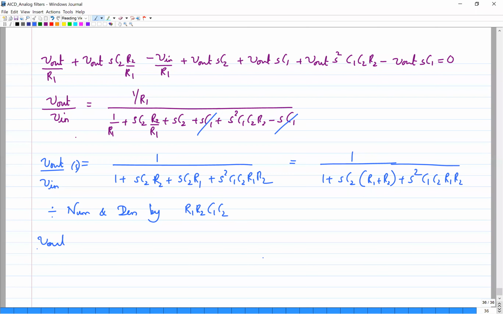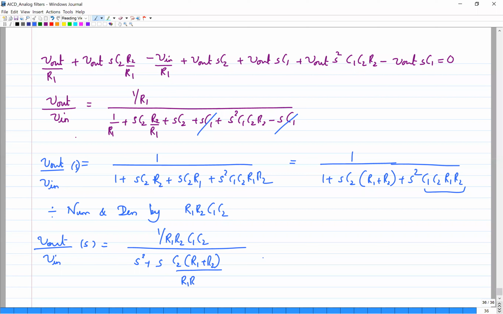I can write Vout by Vin of S as 1 by R1 R2 C1 C2 divided by S square plus, so this term will not be there, S square plus S into C2 into R1 plus R2 divided by R1 R2 C1 C2 plus 1 by R1 R2 C1 C2. This is your transfer function. So you can see that in the denominator you have a second order term. So this is definitely a second order filter.